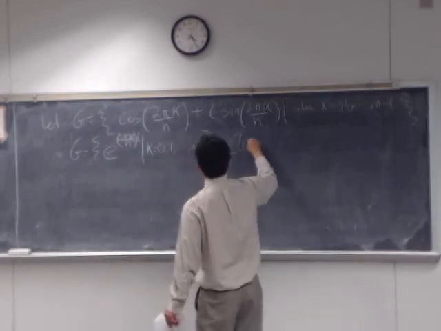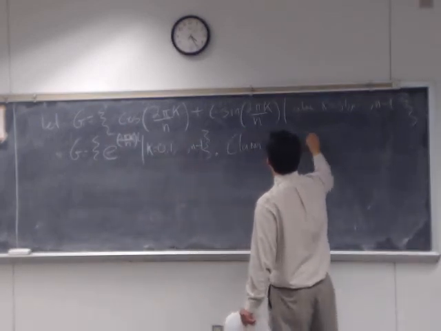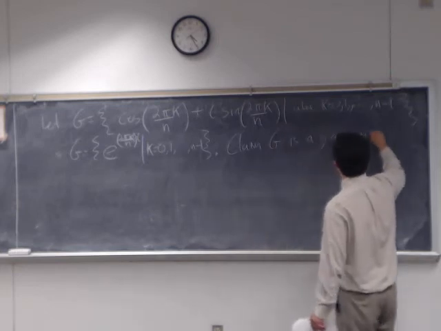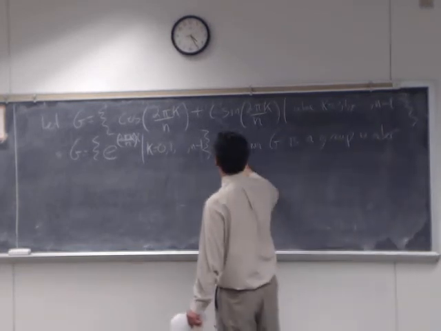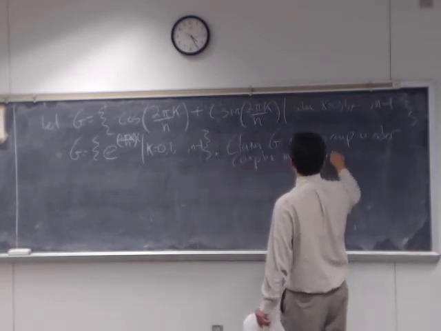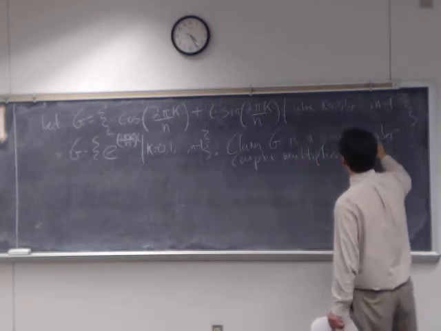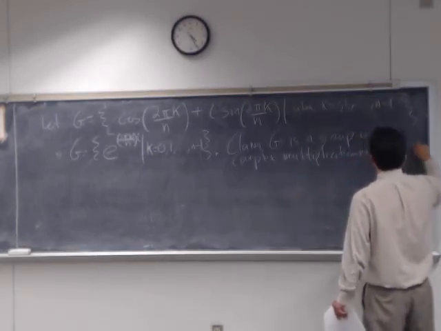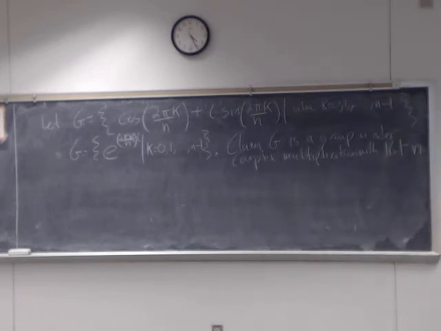So I claim G is a group under complex multiplication, or multiplication of complex numbers, with the order of G equaling n. So that answers in the affirmative our first question: once we define an order of the group, can we always construct a group with that many elements? And the answer is yes.